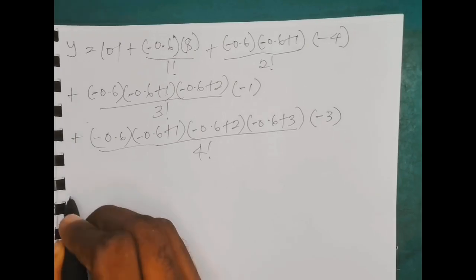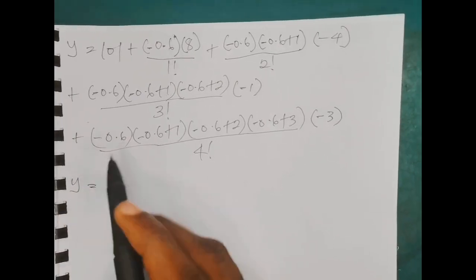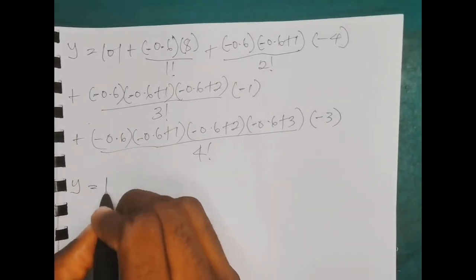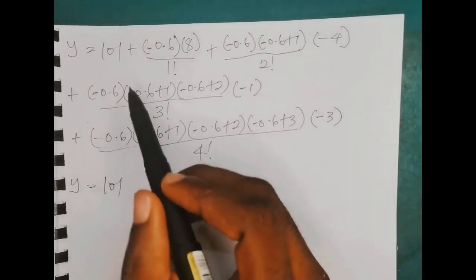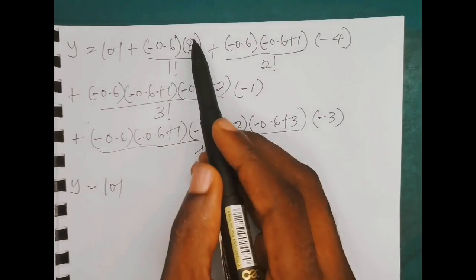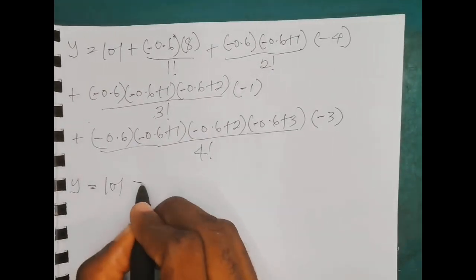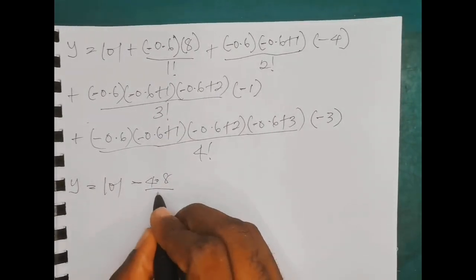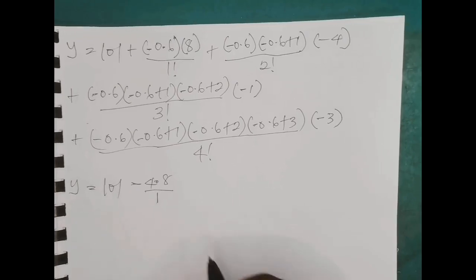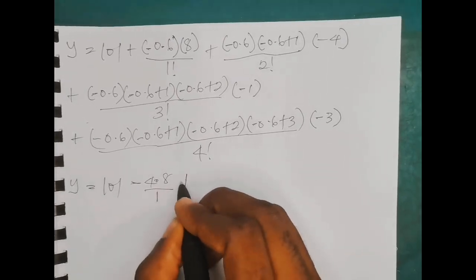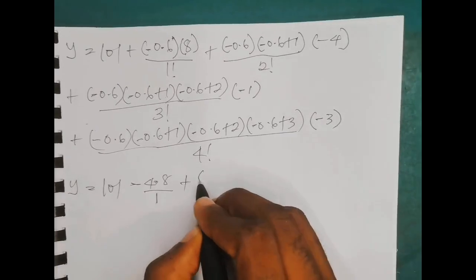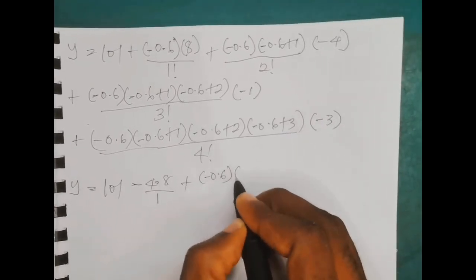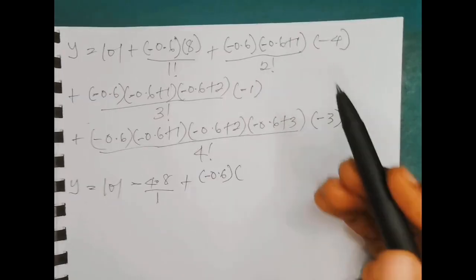Now, this implies that y is going to be equal to, so remember, put down 101. Now, negative 0.6 multiplies 8. This gives us negative 4.8 all over 1 factorial, which simply means 1. Okay, plus, now we have negative 0.6 multiplied by negative 0.6 plus 1.